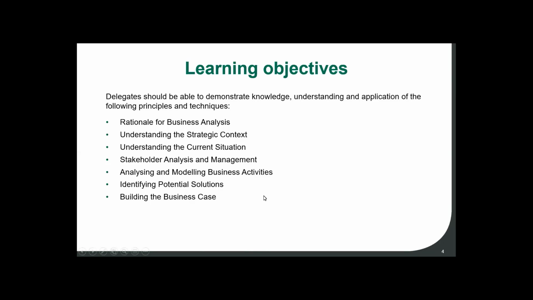And after that, after having had a clear understanding of the current situation and the actual business activities done in that organization, then we start to envision what could be the future state. And we do that via identifying the potential solutions that could address the limitations and problems that were discovered in the current state.